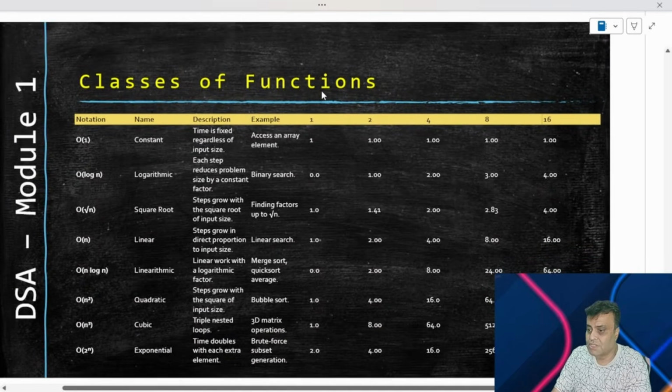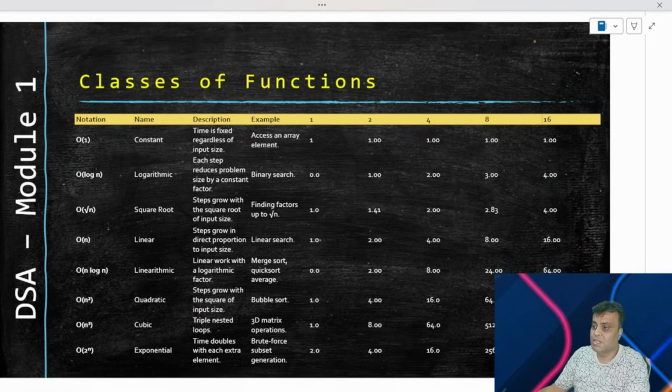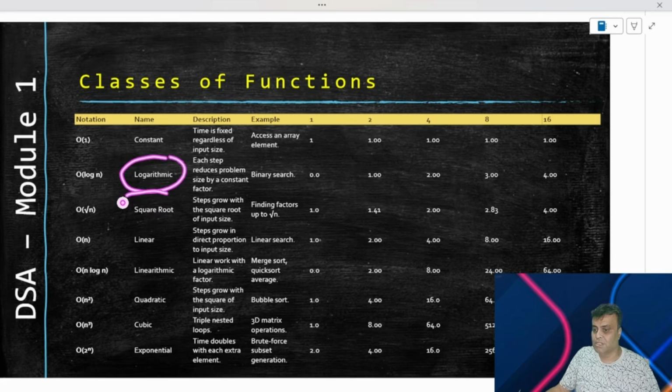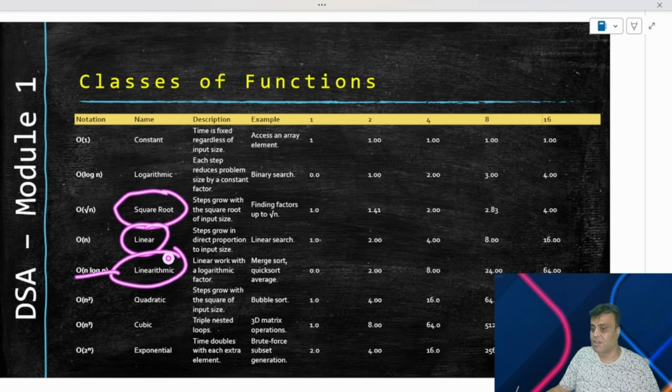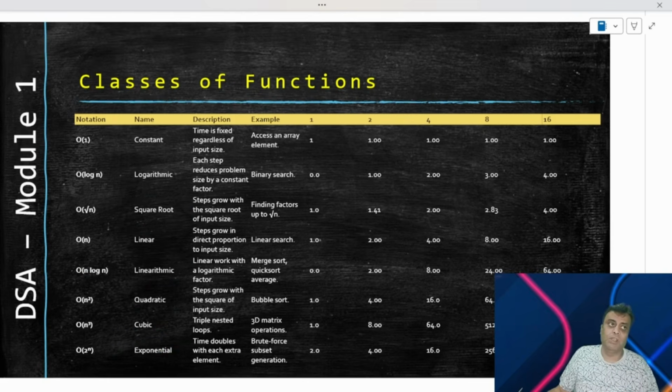If you see on the screen, we have discussed our constant complexity class, the logarithmic complexity class, square root, linear, linearithmic, which was n log n. We discussed quadratic, we discussed cubic. Exponential we have not discussed. We will discuss it subsequently when we talk about the different kinds of sorting problems.